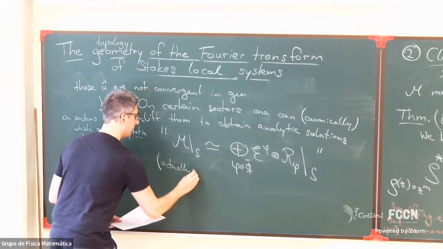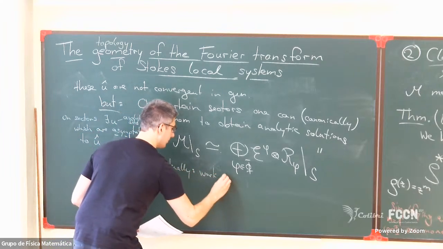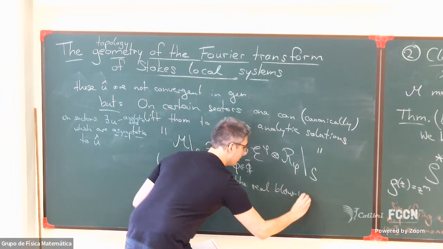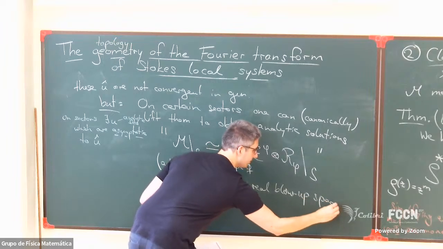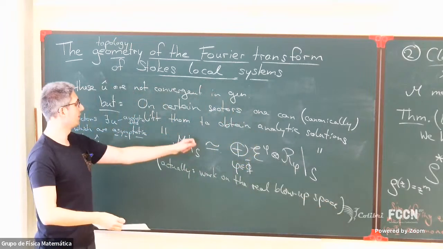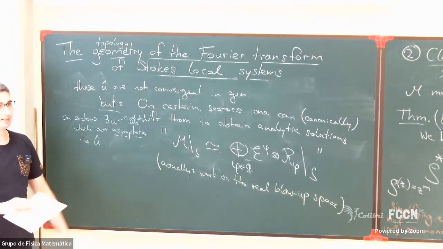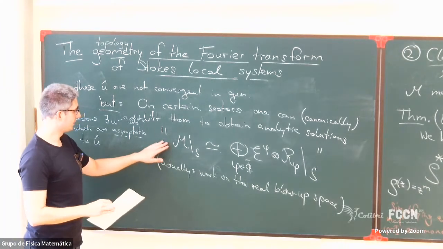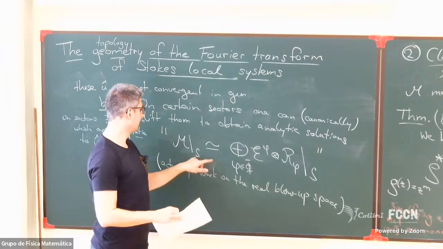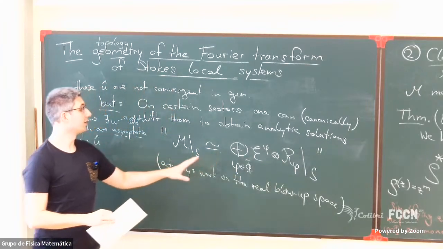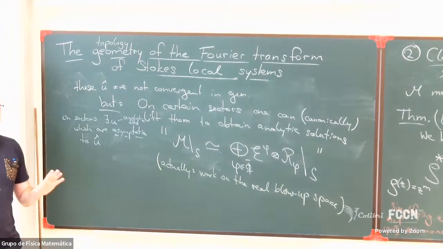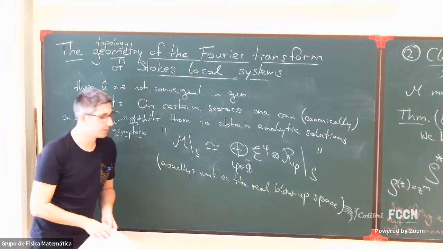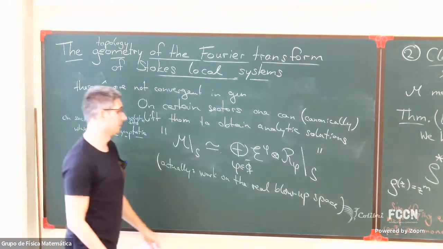Actually, we have to work on the real blow-up space. So I need to pull this back to the real blow-up and restrict to the sector, but this is a technical thing that is not important to understand the idea here. So on sectors, this formal thing leads to an actual isomorphism, but only on sectors. So different sectors might have different of these isomorphisms that are not compatible by analytic continuation.